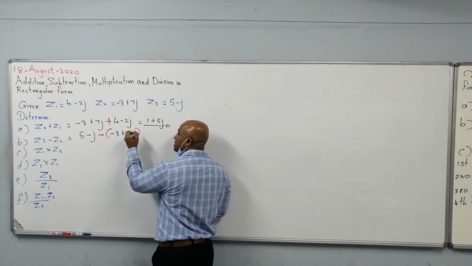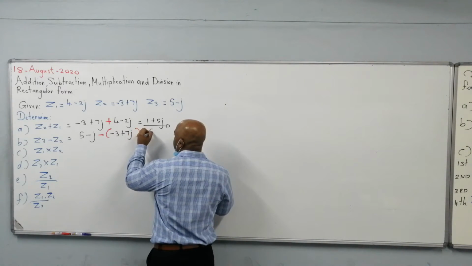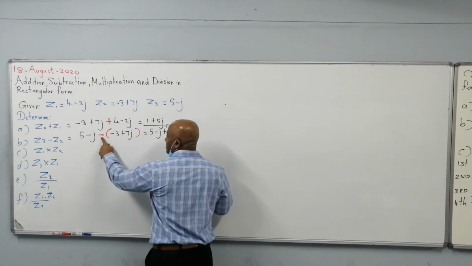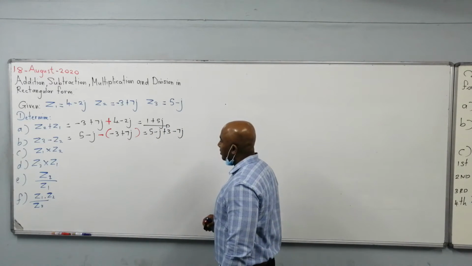Now remove the brackets by multiplication. So we have 5 minus j, negative times negative is a positive 3, and negative times positive is negative 7j.